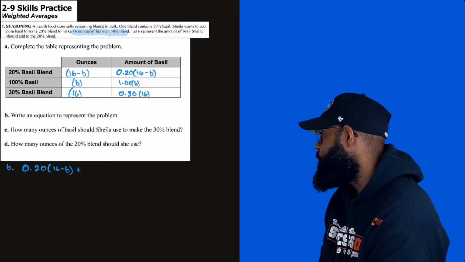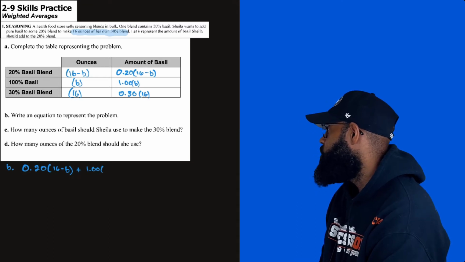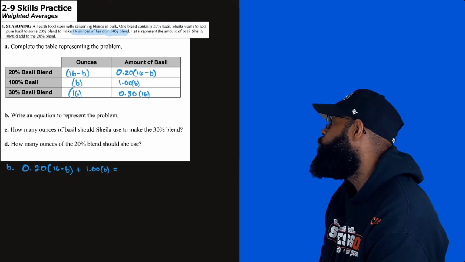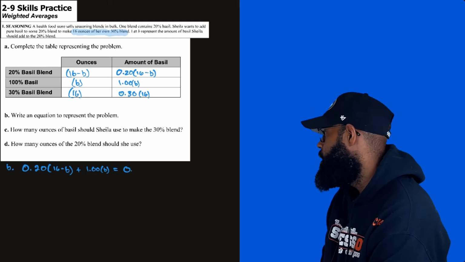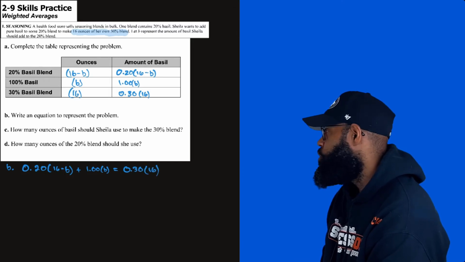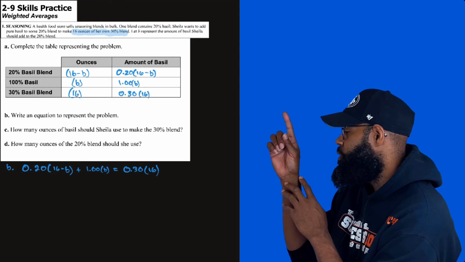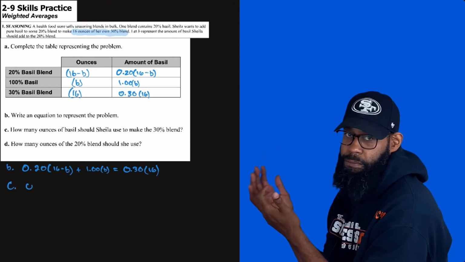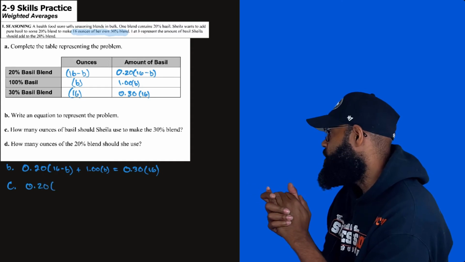And when she adds the first ingredient, which is the 20% basil blend, to the second ingredient, 100% basil, she's going to get her total blend of a 30% basil blend. So all I did, once again, guys, I took the first, and I took the second, added those two to get the third. That's it.